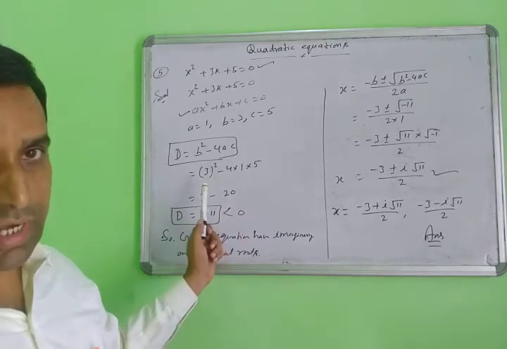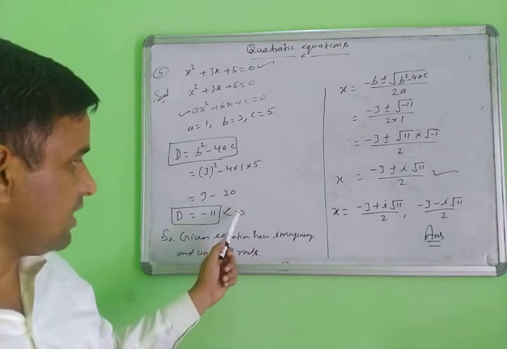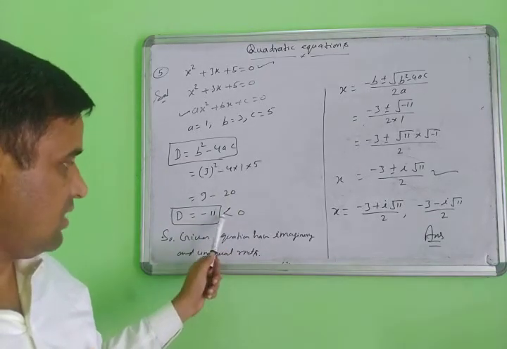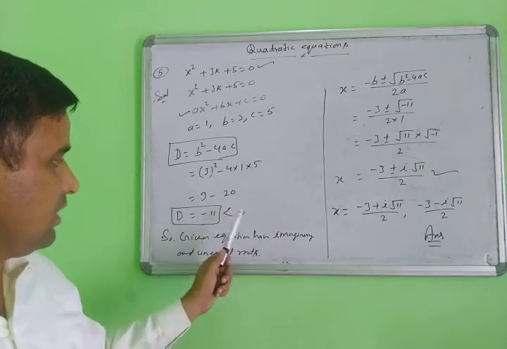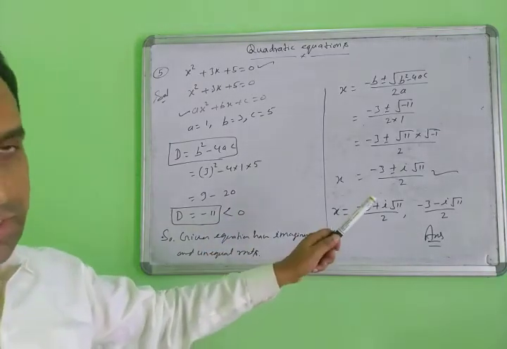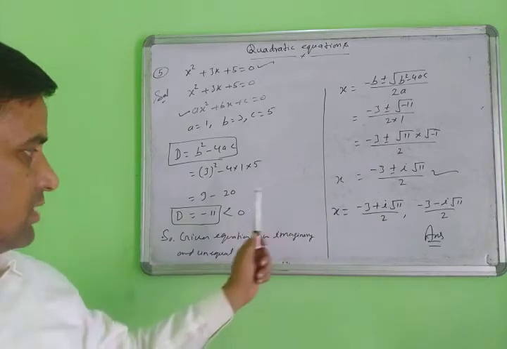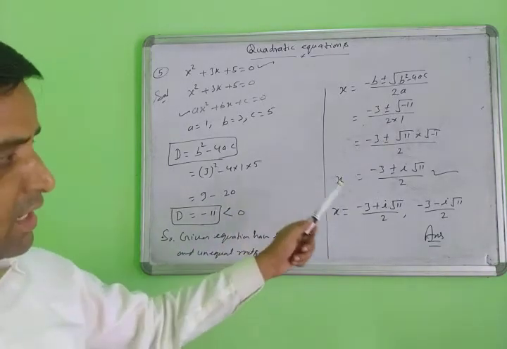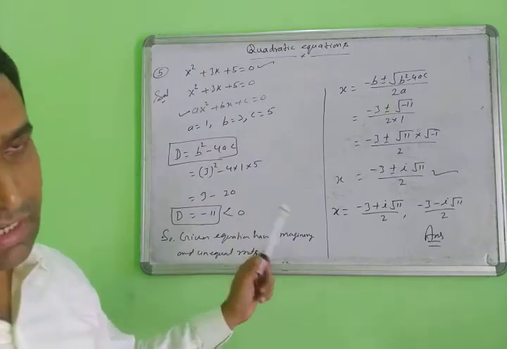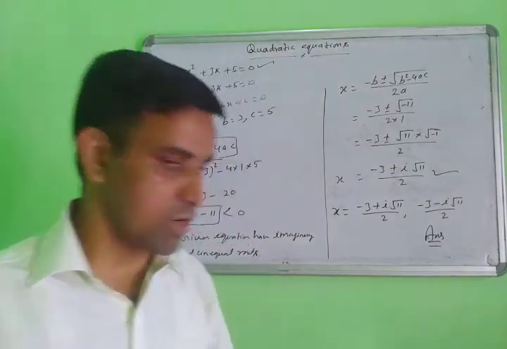Three conditions. Mostly this exercise always has questions in these conditions. These are class 10 standard questions. Equal to 0 means real and equal roots. Greater than 0 means real and different roots. Less than 0 means imaginary and unequal roots. Yes, note it down.